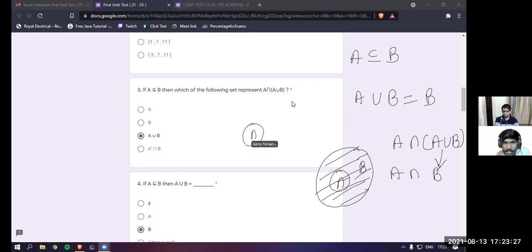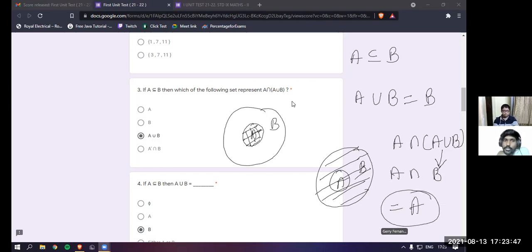This is A and this is B. Intersection means common in both. From the diagram, which part is common? Just this part, A, is common. So this will be just A. So the option is the first one, A.